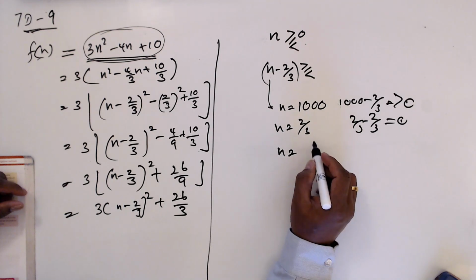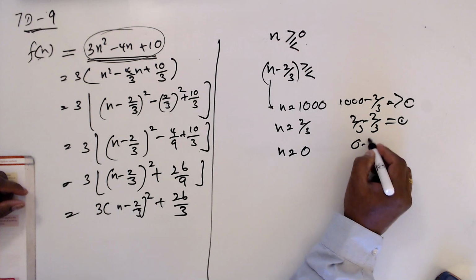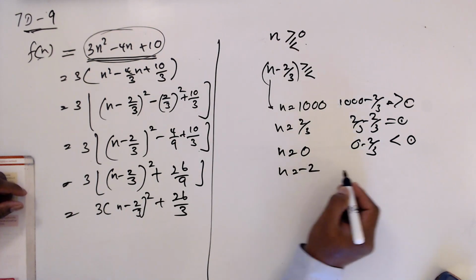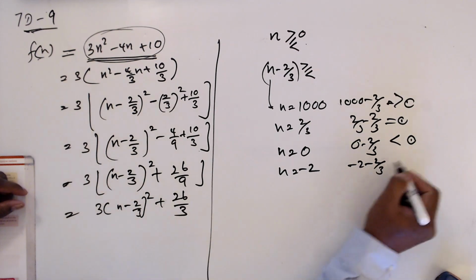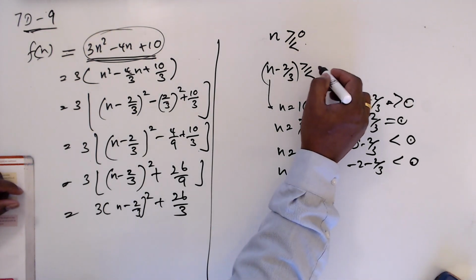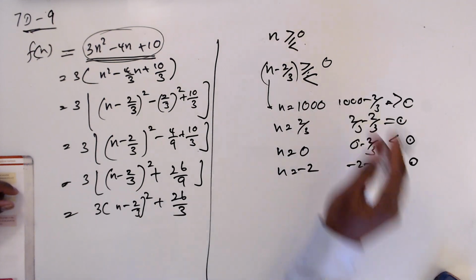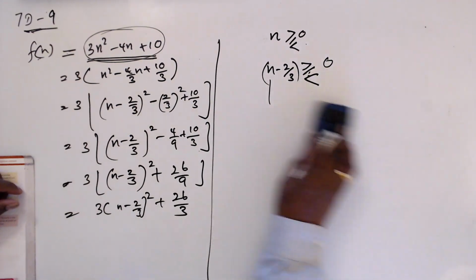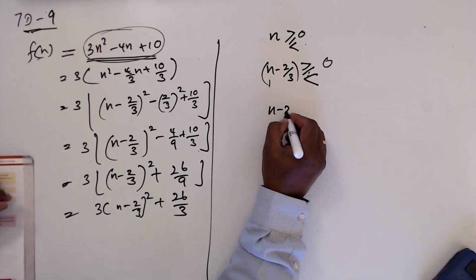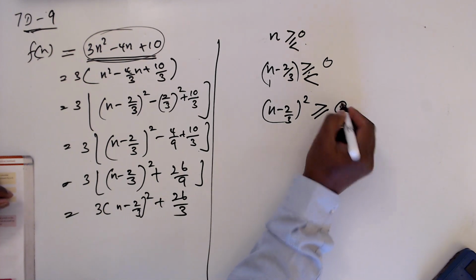If n is 0, then 0 minus 2 over 3 is less than 0, or n is minus 2, minus 2 minus 2 over 3 is less than 0. So all the possibilities are greater than 0, equal to 0, less than 0. But if I square this one, it has to be greater than or equal to 0, no more.